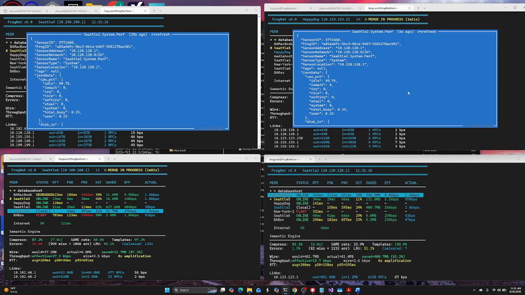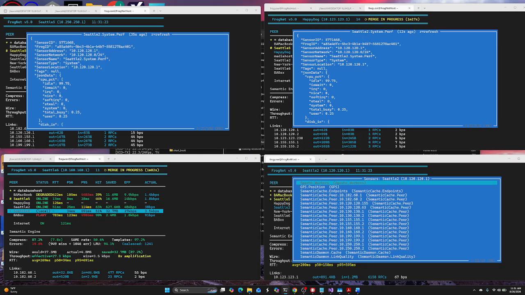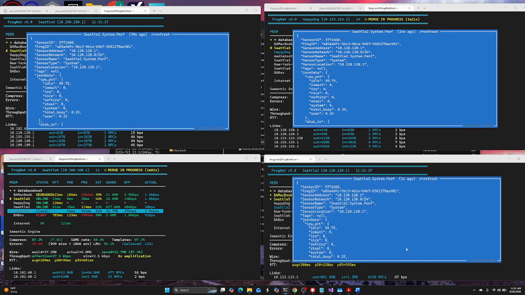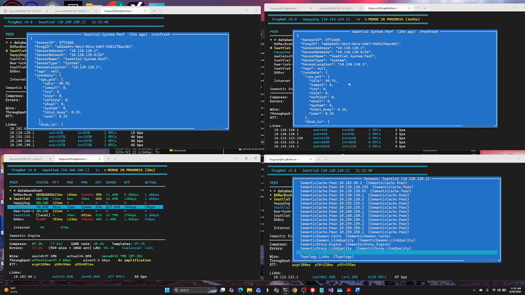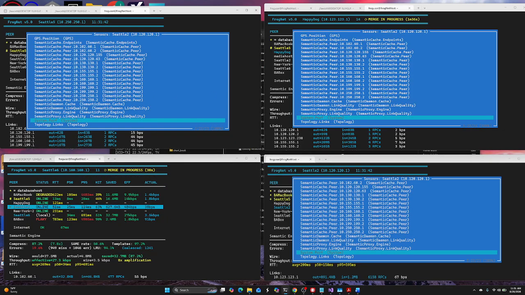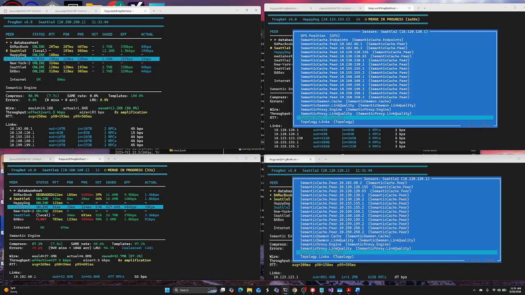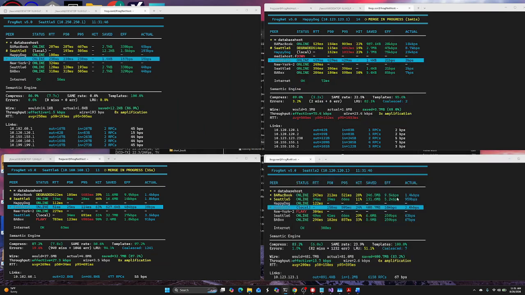So this is the same data, and I can get to it from wherever I need to on the network. So I can go down here. These on the bottom are Seattle 2 and Seattle 6, yeah. So here it's got the same frog ID. So these are all reading from the same tuple space, the same memory, right? And it's across the board, and I don't have to be exchanging messages to do that.